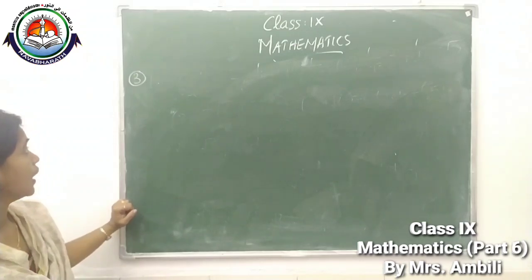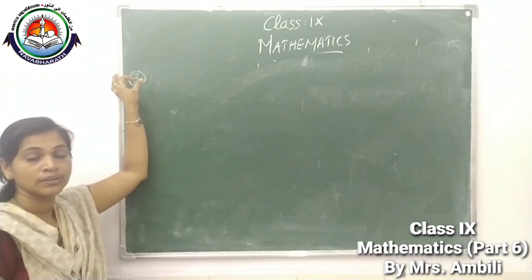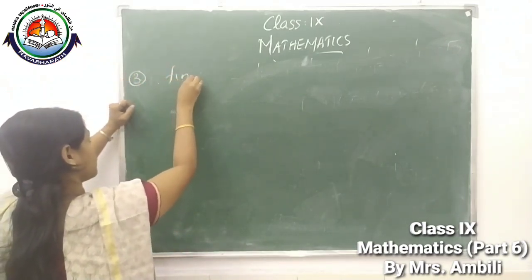Third question. If a and b are both rational numbers, find the value of a and b.